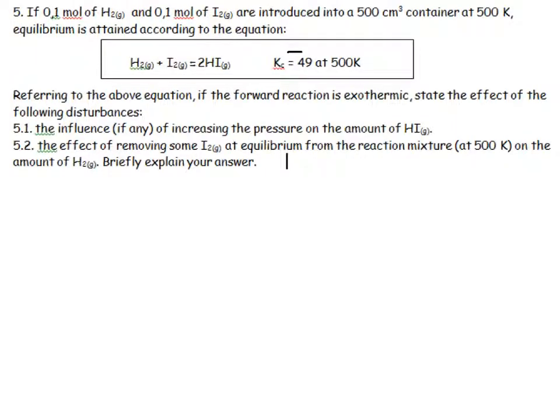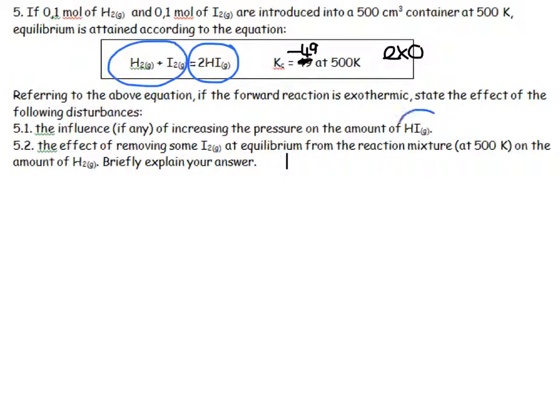So they tell us that this is an exothermic reaction. So sorry, this is negative 49. It's not 49. So it's an exothermic reaction. And for an exothermic reaction, we need to know what's going to happen if I increase the pressure on HI and H2, I2.